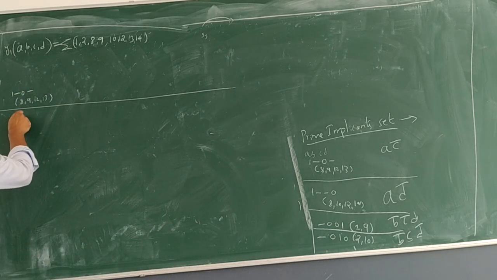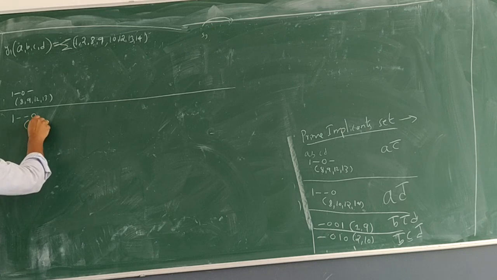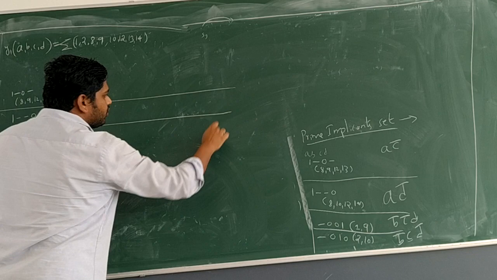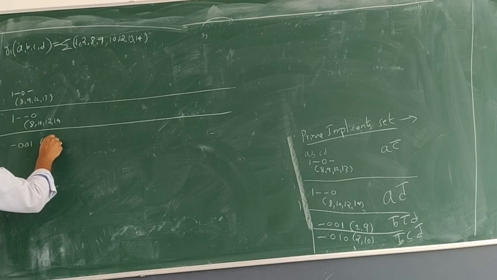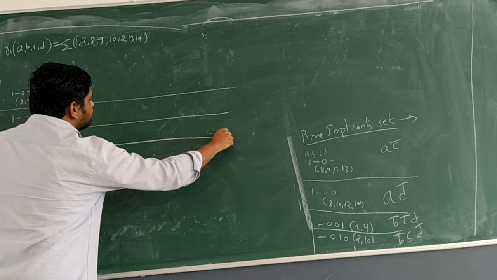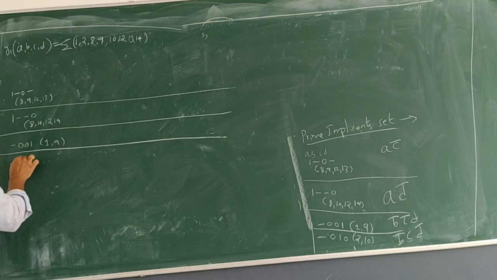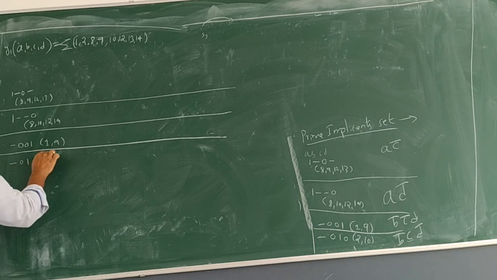Second, 1 hyphen 0, that is 8, 10, 12, 14. That is the full second row. Next, hyphen 0, 0, 1, that is 1, 9, third row. And the fourth row is hyphen 0, 1, 0, that is 2, 10.